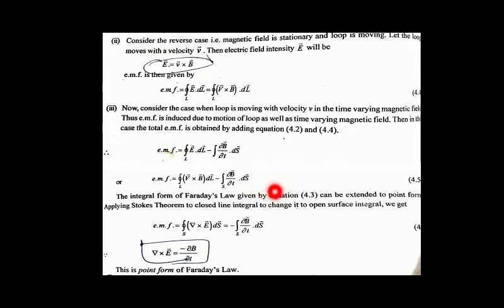By using Stokes theorem, we can convert a closed line integral to an open surface integral, and in the case of the divergence theorem, we can convert an open surface integral to a volume integration. In this question we apply only Stokes theorem.